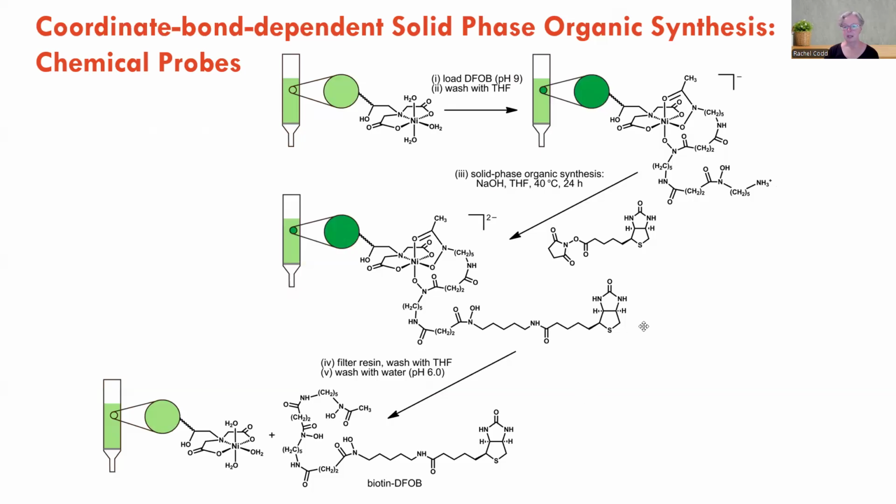So what I've shown here is the proposed scheme. We were going to load nickel onto an IMAC resin, react that solid phase system with an activated biotin motif. And what you're looking for here is the formation of this amide bond. And then we could use very mild chemistry to release this target compound from the resin.